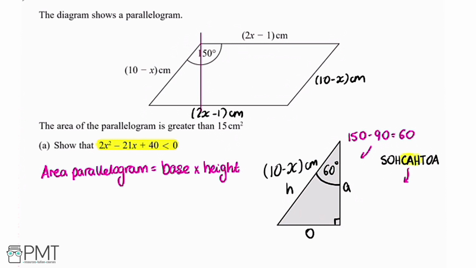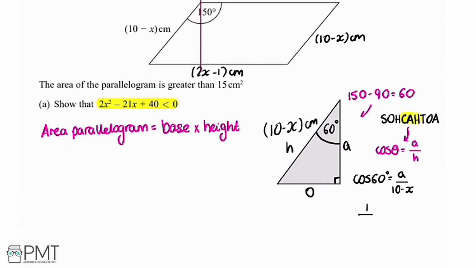Cos of something is the adjacent divided by the hypotenuse. So in our case, we have cos of 60 equals A, which is our unknown, divided by the hypotenuse, which is 10 minus x. Putting cos 60 into our calculator, we get a half.